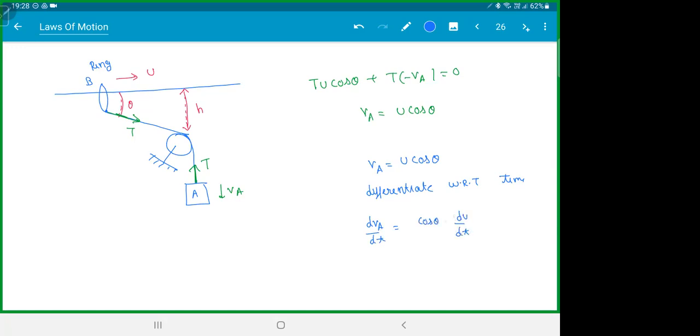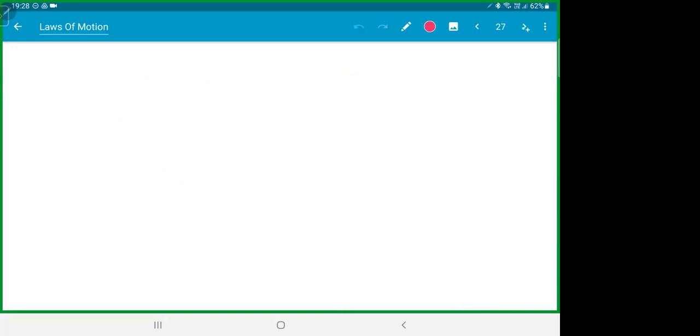And you said u is constant, so this term is 0. And then they say therefore the acceleration of A is equal to 0. This is a blunder. This is wrong. Reason: you differentiated, the idea was right, but there you goofed up the differentiation.